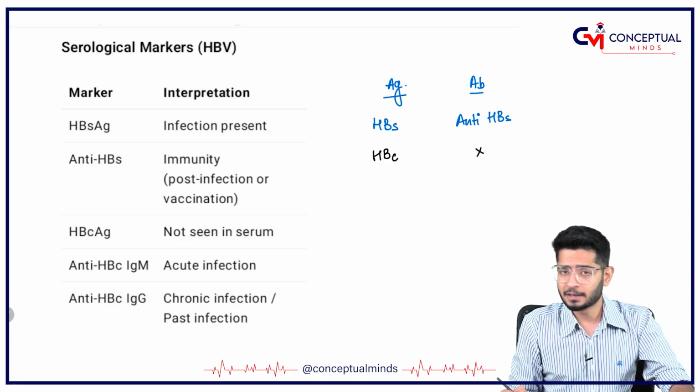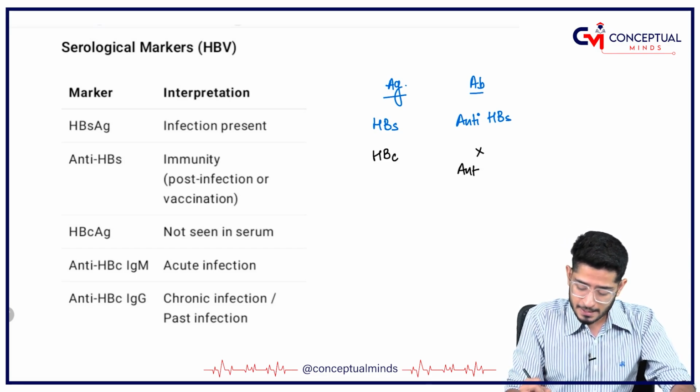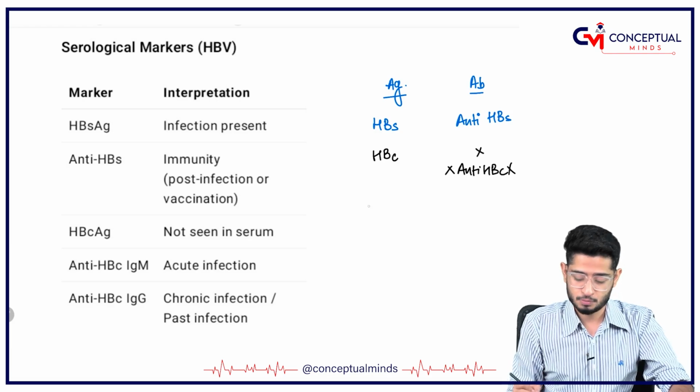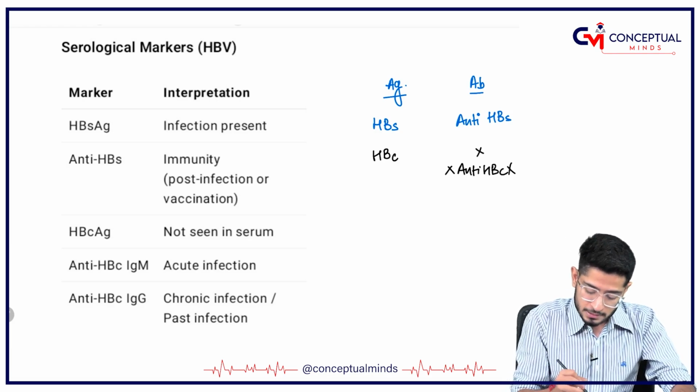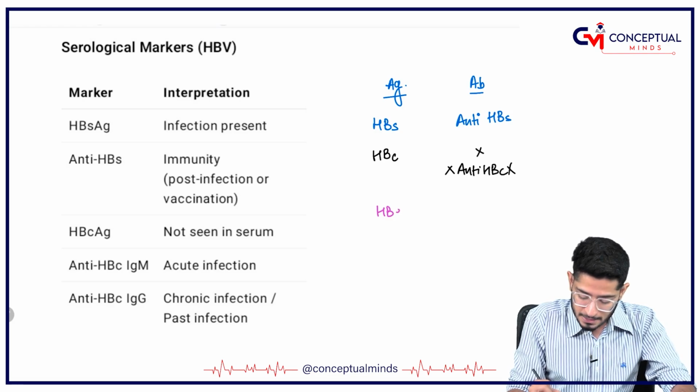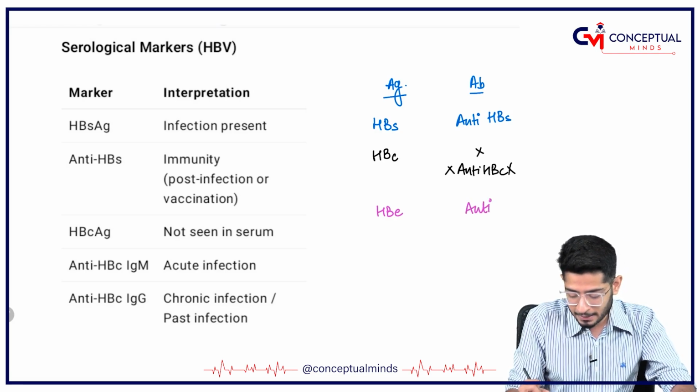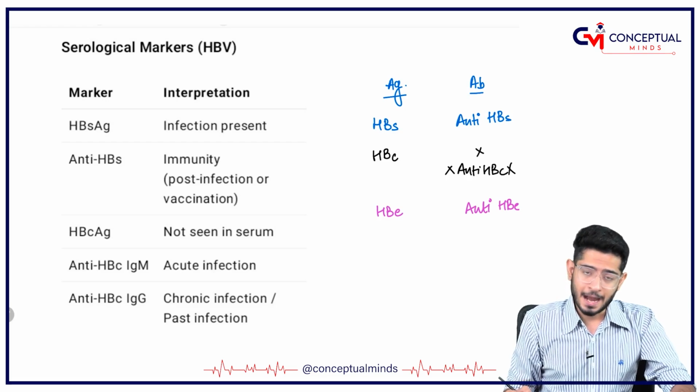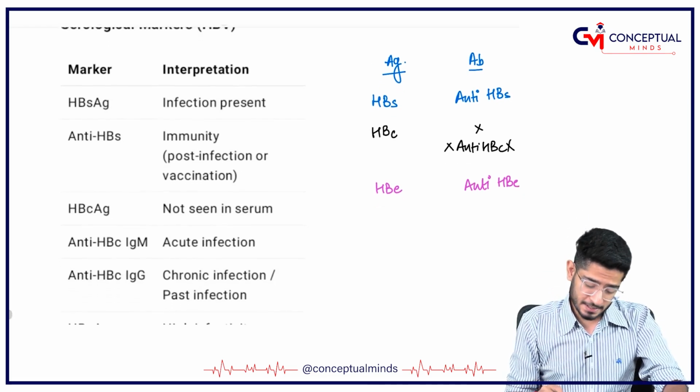I hope you are getting it, that there is nothing like anti-HBc. Yes, of course, there is hepatitis B E antigen and there is an antibody against it, hepatitis B E antibody. Now, what does this indicate?